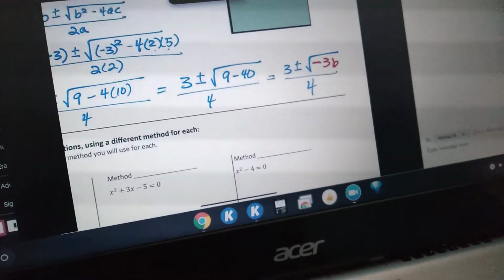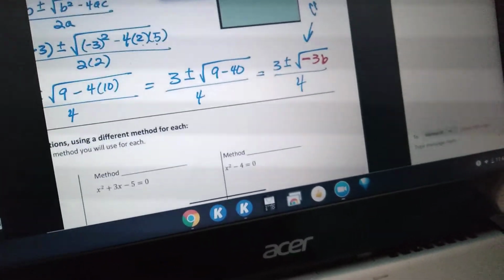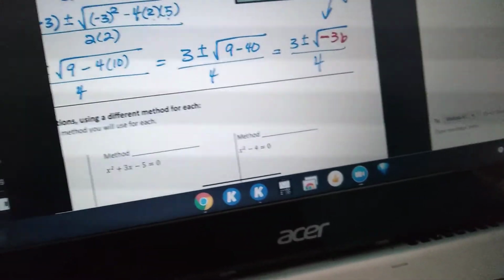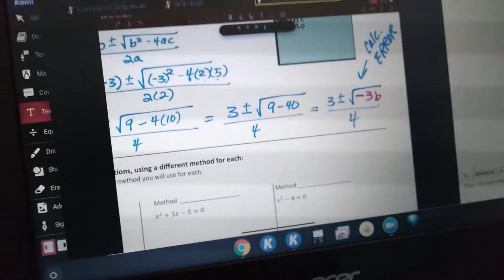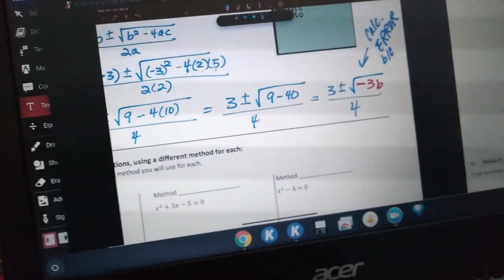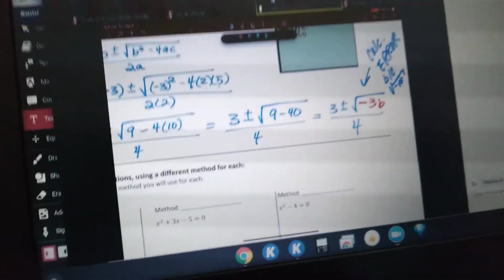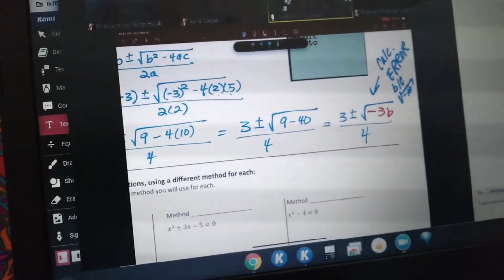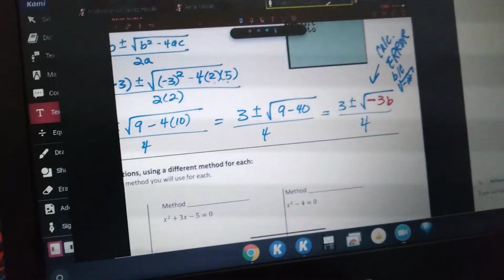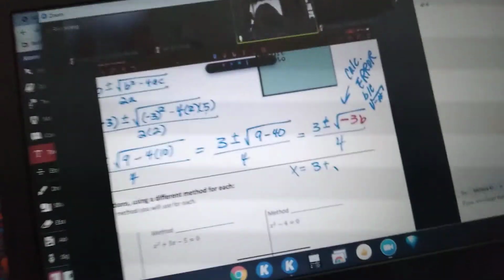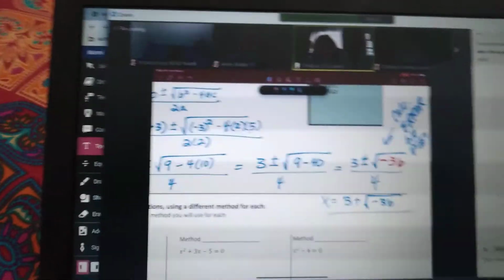If I put this in my calculator, I will get an error. The error is because I have a negative number underneath the radical. Everyone understand? So look what happens. Let's try the plus first. X equals 3 plus radical negative 36 over 4.